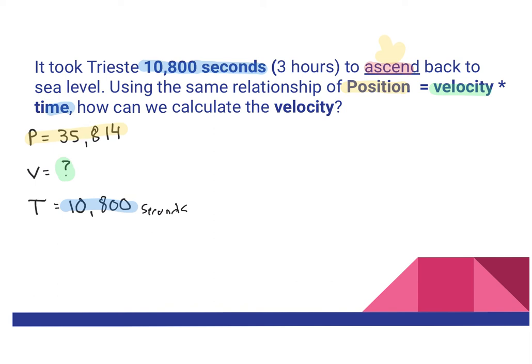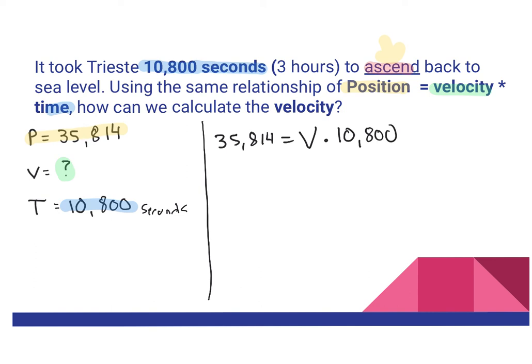All right, so we can go ahead and write our equation where we have positive 35,814 equals an unknown velocity, so we'll just call it V, times 10,800.